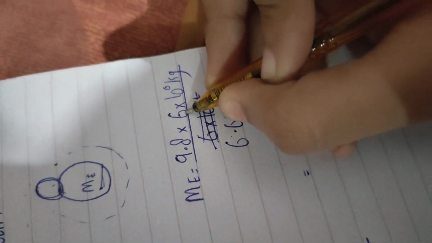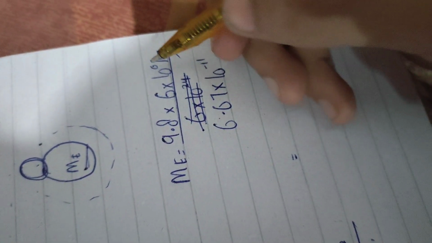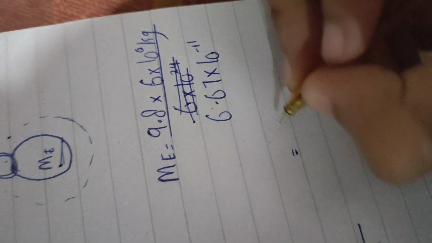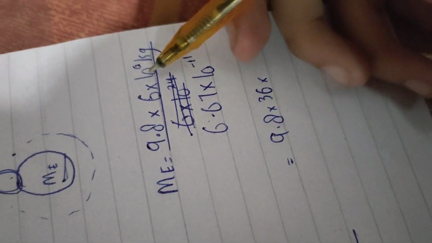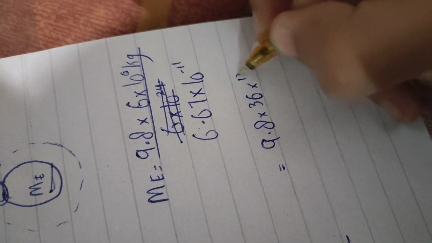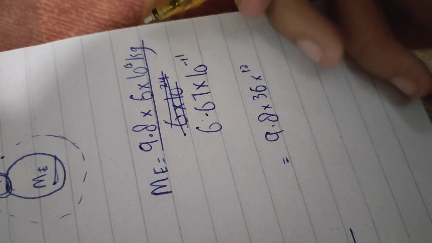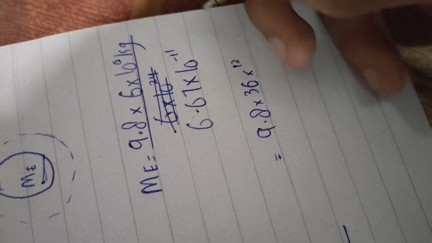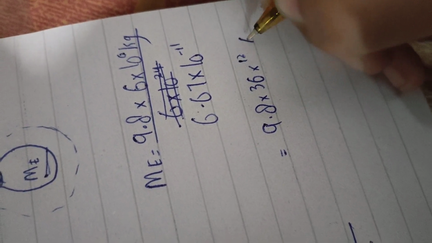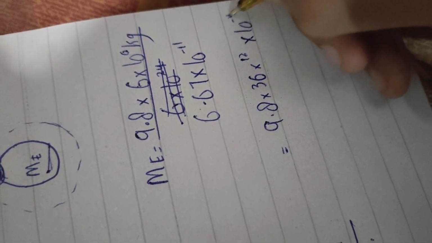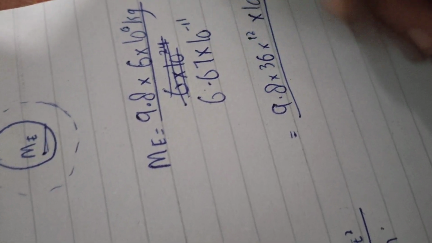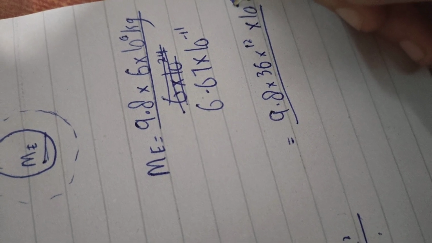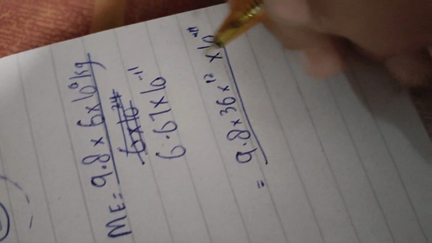if we calculate this, 6 multiplied by 6 is 36, right? 36 into 10 to the power 12. Then we're gonna place minus 11 here, because when we move it up, it is gonna be plus 11, because this is already minus over here.